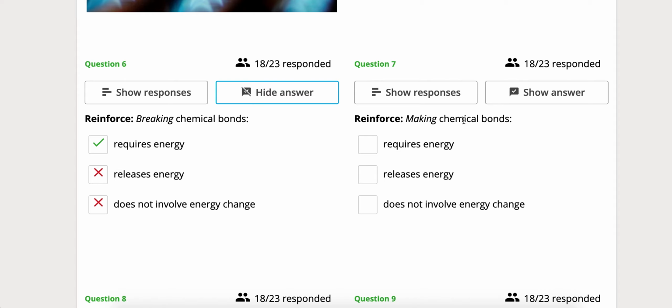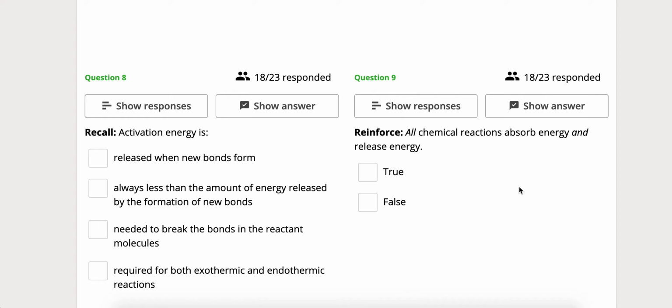Now, question 7. Making chemical bonds, on the other hand, actually releases energy. For question 8 here, it talks about activation energy.